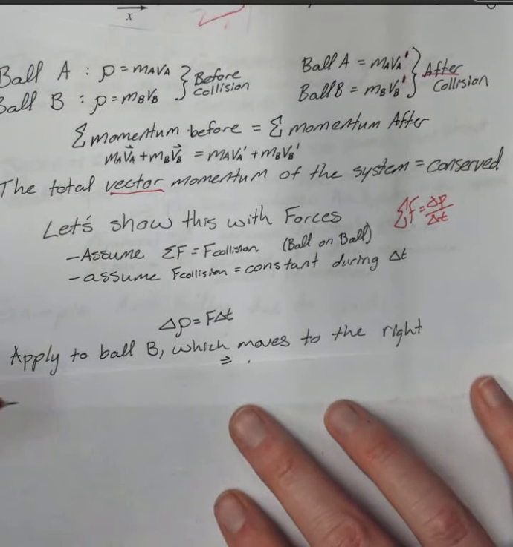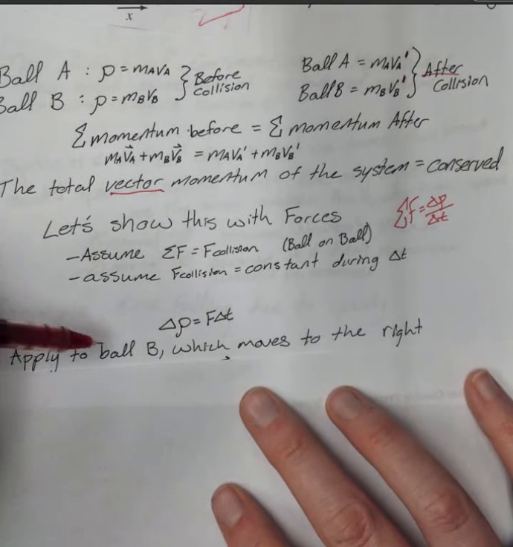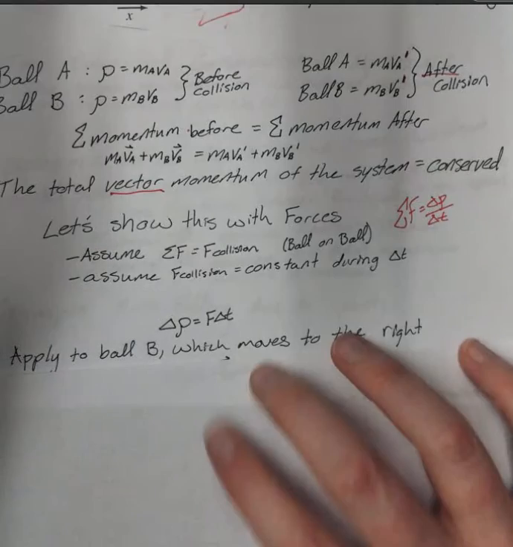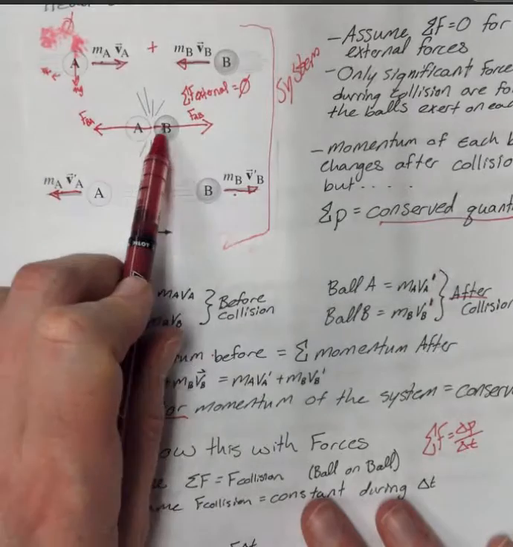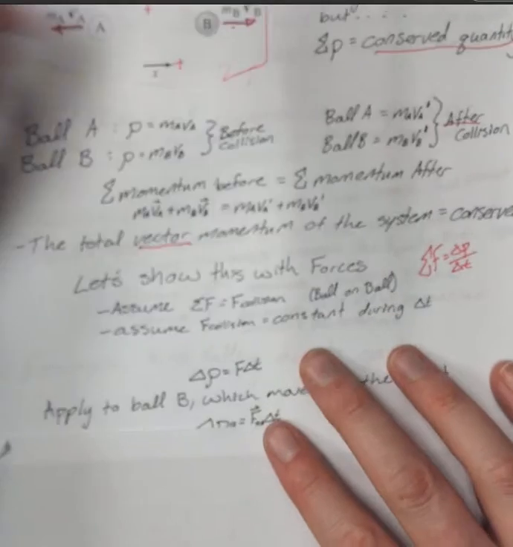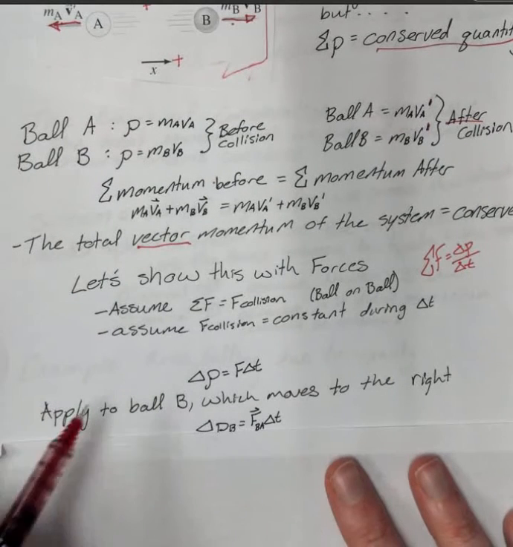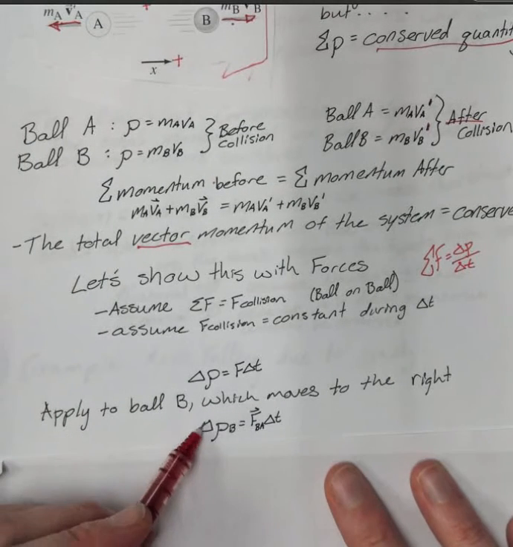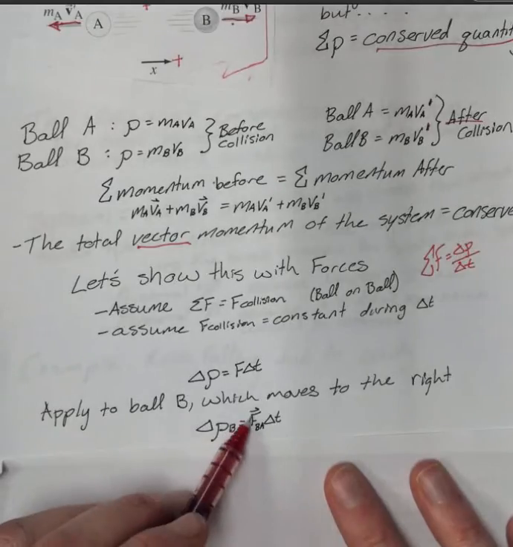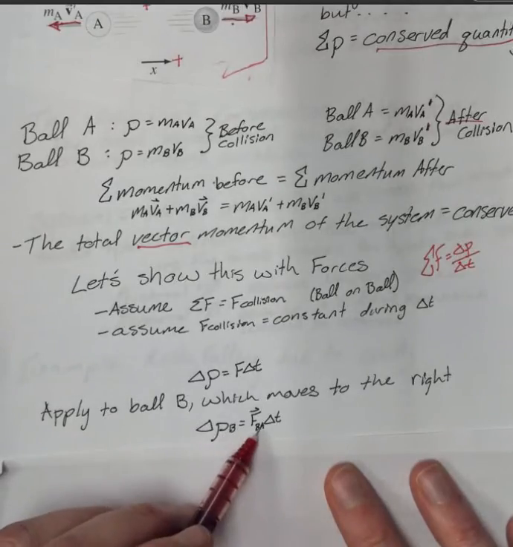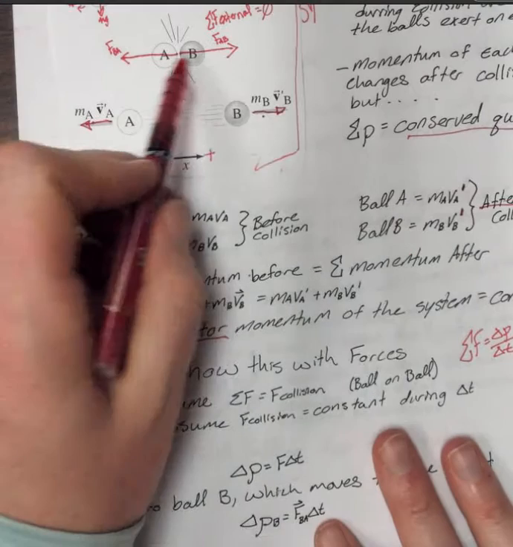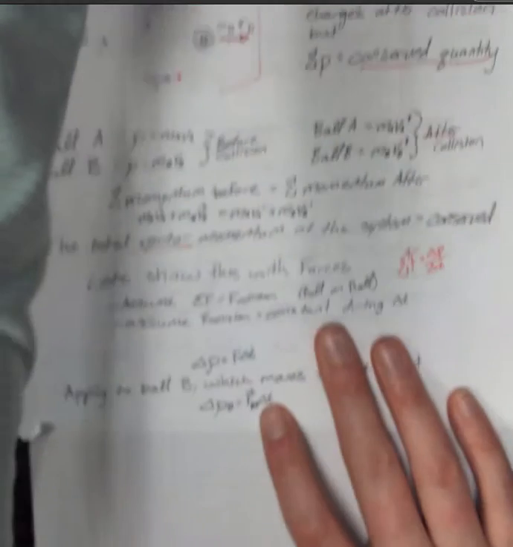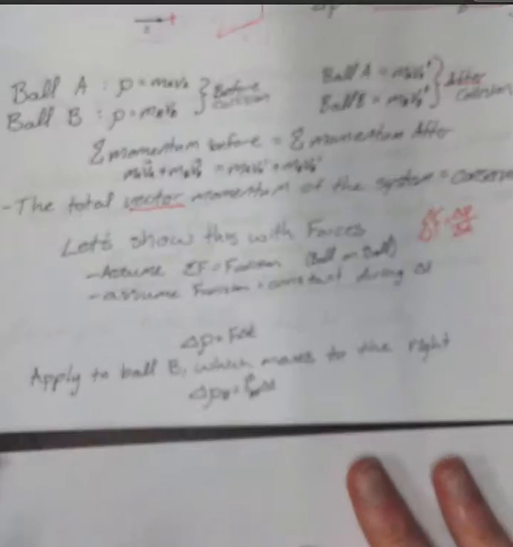I'm going to apply this concept to ball B, which moves off to the right after the collision. When the balls collide, ball B moves off to the right, so it's given in the positive x direction. If I apply it to ball B, then the change in momentum of object B should be equal to the force that A exerted on B times the time, because here's the force that A exerted on B, and it exerted that force for that time interval.